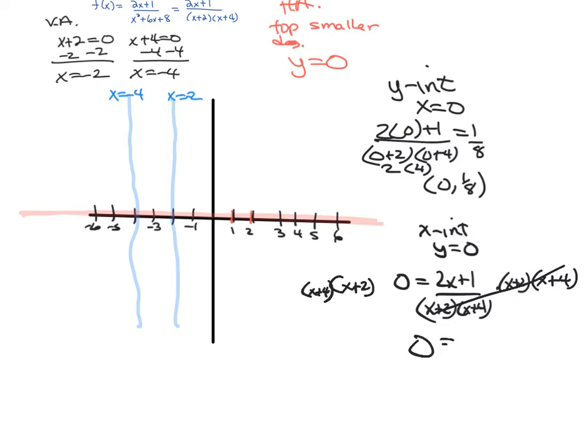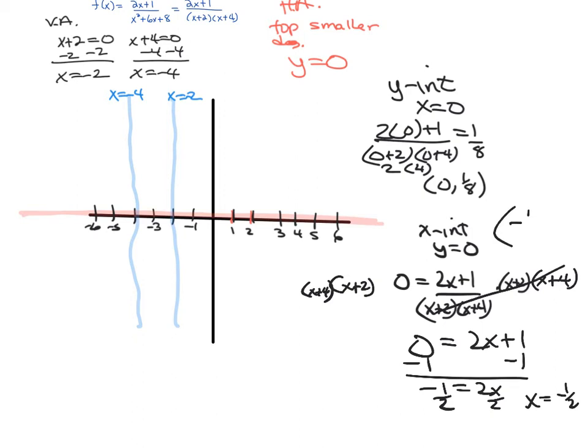And I get 0 equals 2x plus 1, minus 1, divide by 2. So my x-intercept occurs at negative half, comma 0. So my x-intercept will be here, and my y-intercept is going to be like at this 1/8.